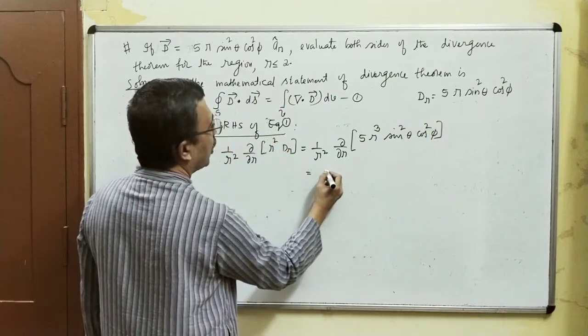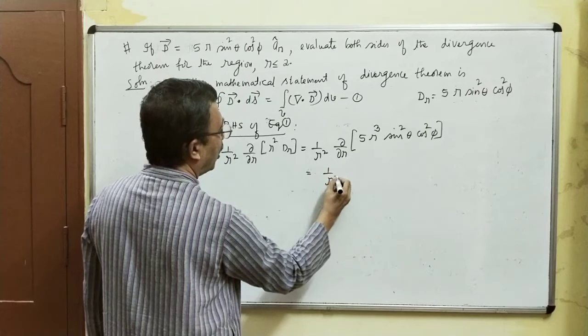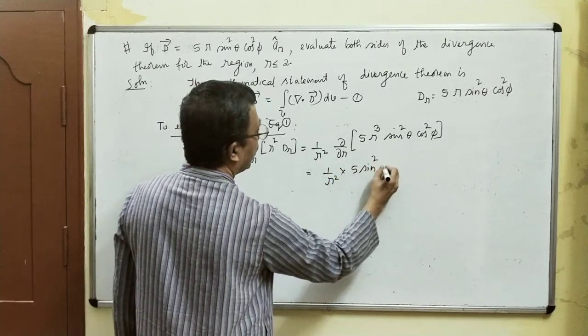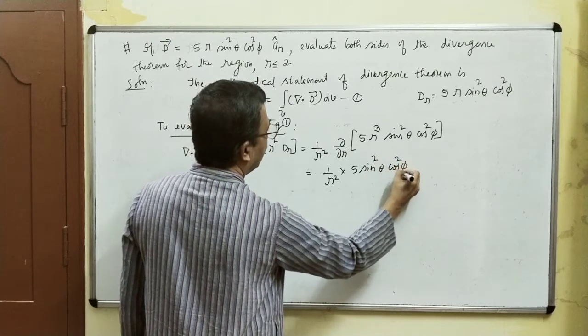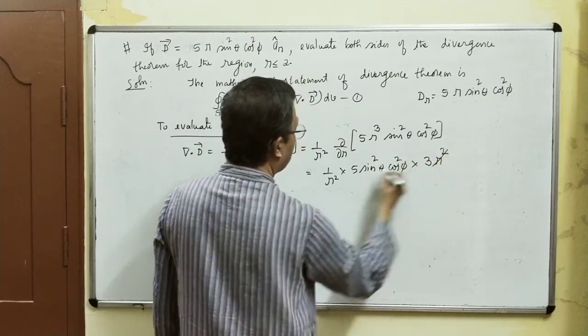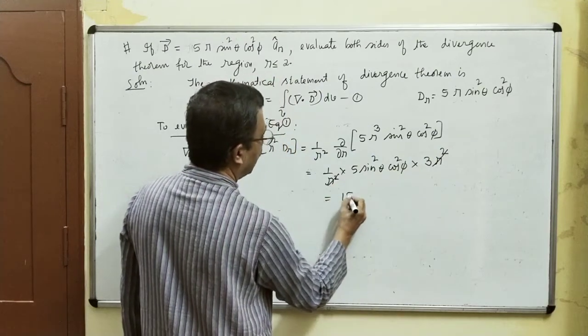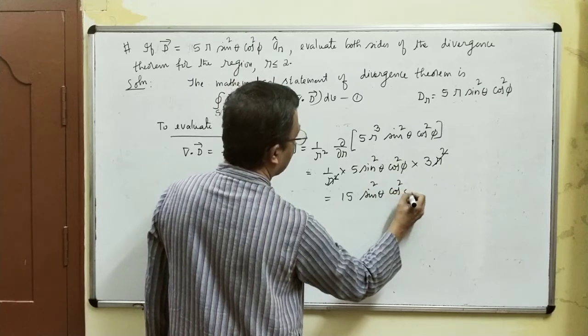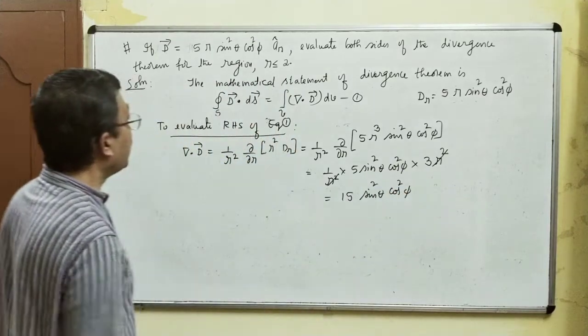Now 1 by r square, 5 sin square theta cos square phi are constants. R cube, if you differentiate, you get 3r square. R square cancels. So you get 15 sin square theta cos square phi. This is the expression for divergence of D.